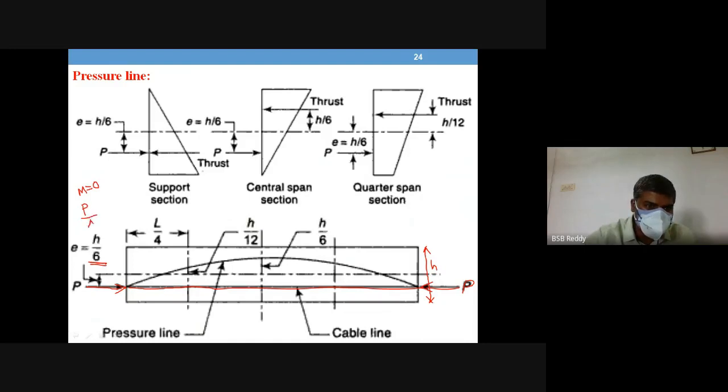It is P by A. If it is the top, at the support section, you see top tension, so minus PE by Z, and that shall be equal to 0. This is the total stress value at top. So P by A minus PE by Z.